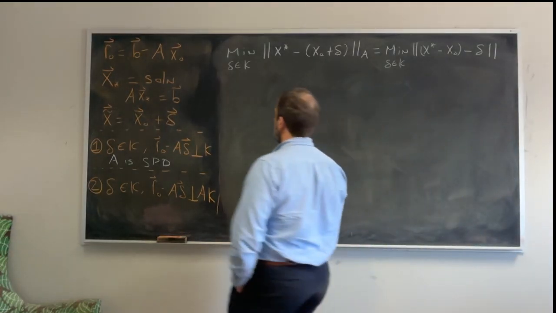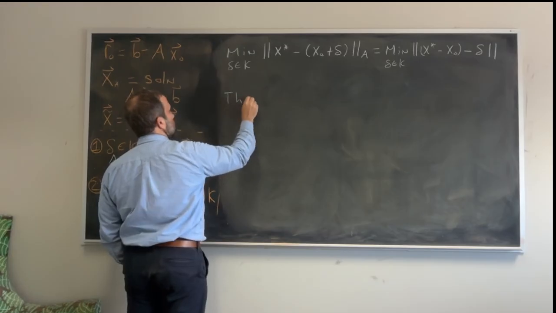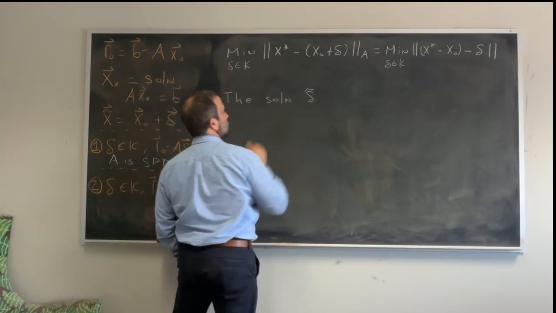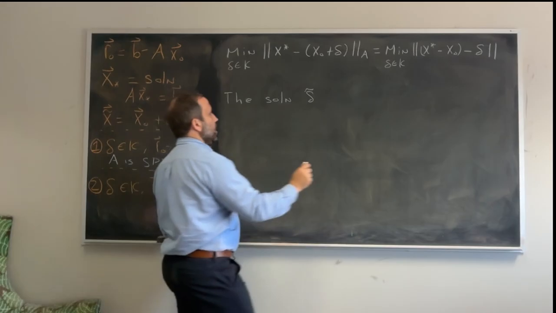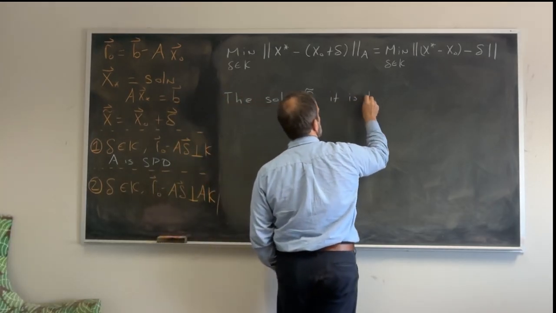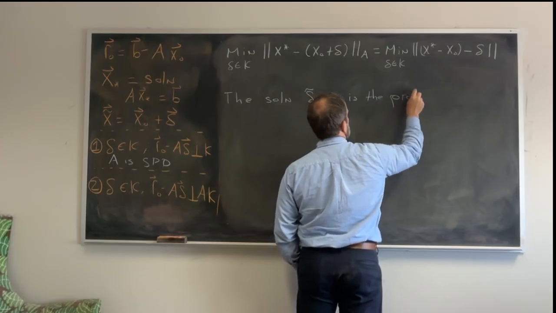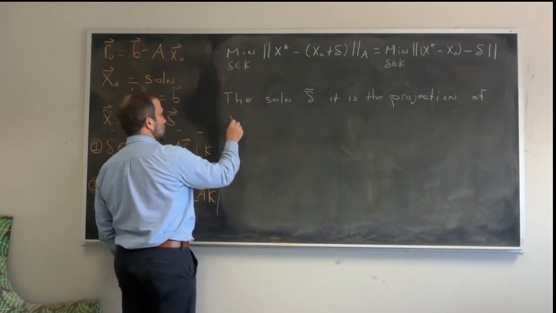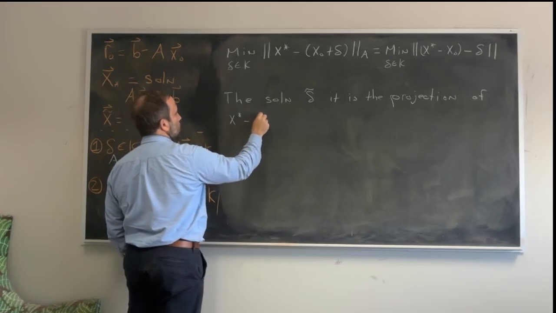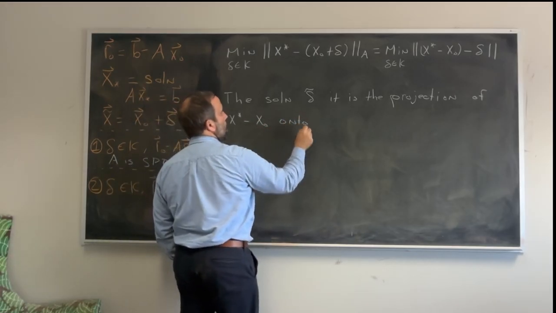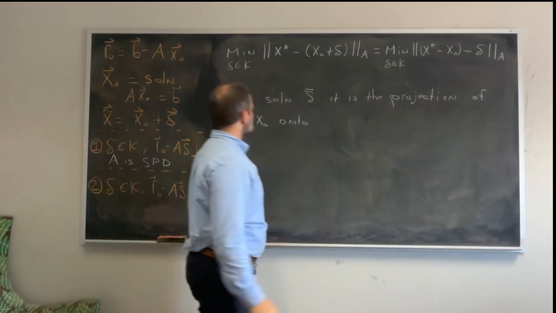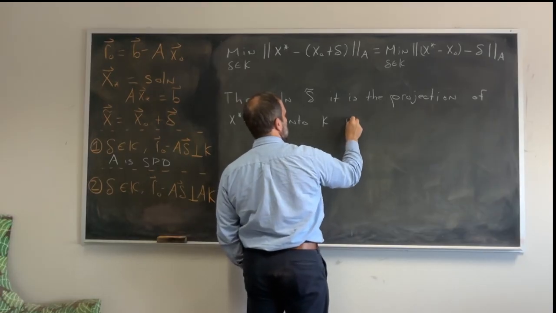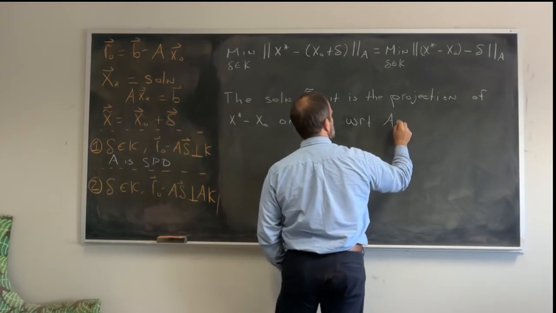So what this means is, if I call the solution delta tilde, it is the projection of x star minus x naught onto K, with respect to the A inner product.